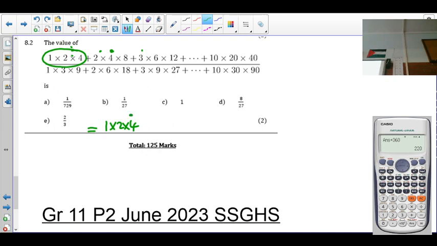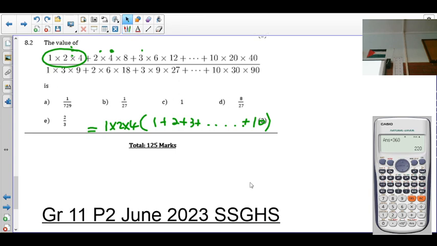If I multiply this by 3, I get 3, 6, and 12. If I times it by 4, I get 4, 8, and 16, and so on. If I times it by 10, I get 10, 20, and 40. Can you see that? So in other words, 1 times 2 times 4 is actually a common factor. So that is going to be 1 plus 2 plus 3 plus, up to plus 10.